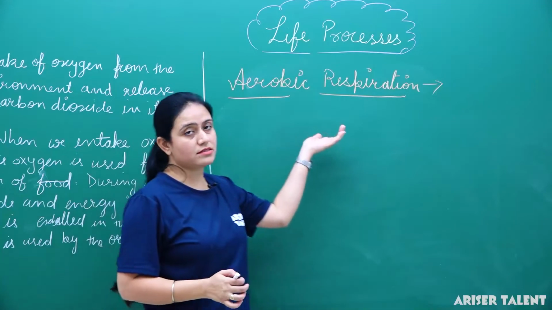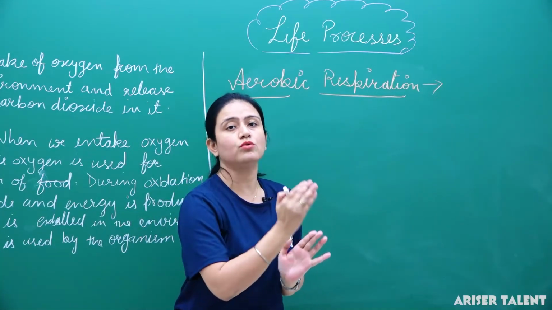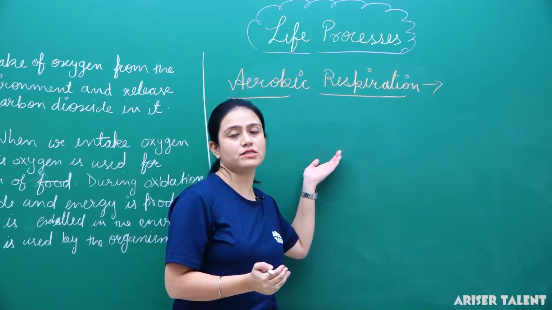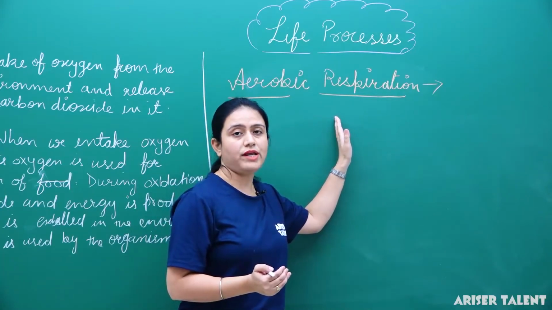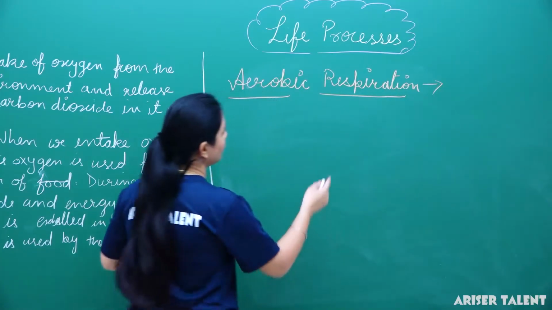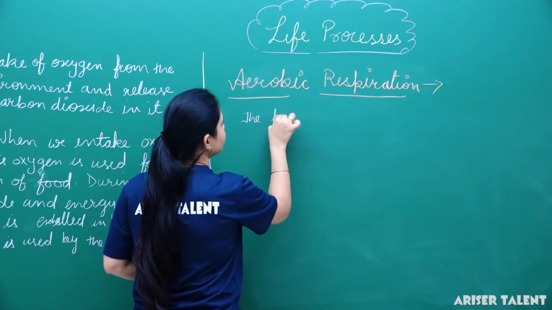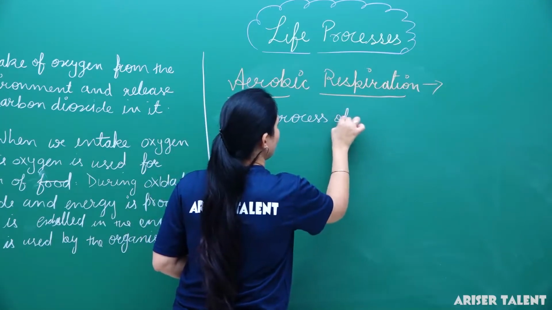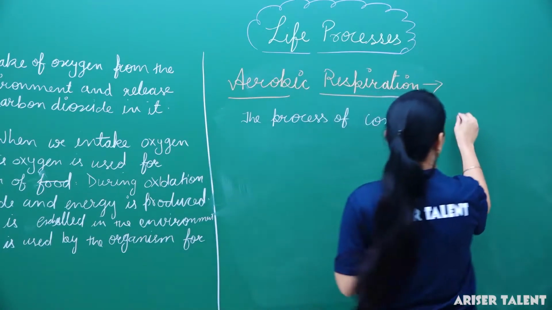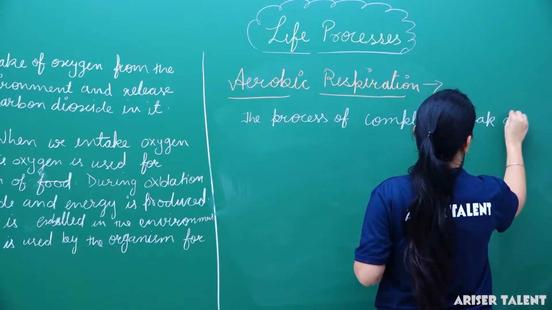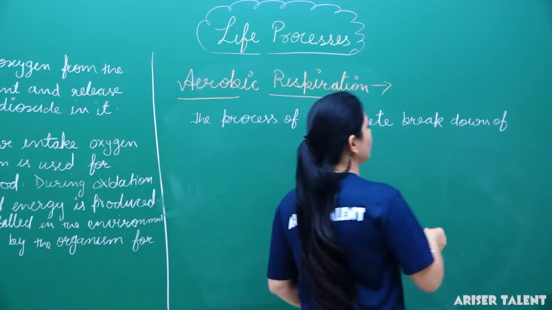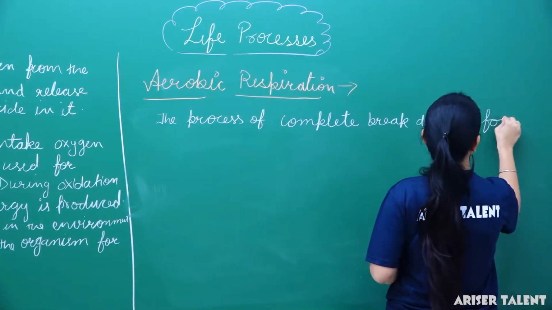It is the process of complete breakdown of food into carbon dioxide and water, in which oxygen is utilized and the energy is released in the form of ATP. The food here is glucose.